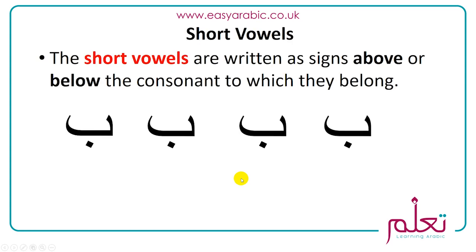The short vowels are signs written above or below the letters. The first one, which we've covered before, is the line above, which is called fatha. Then we have the line below, which is the kasra.